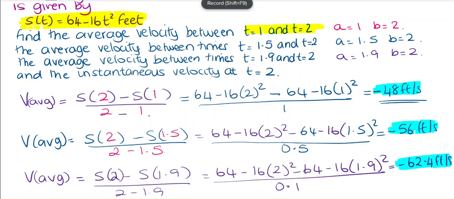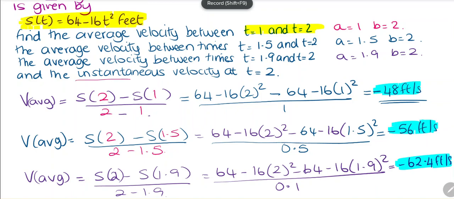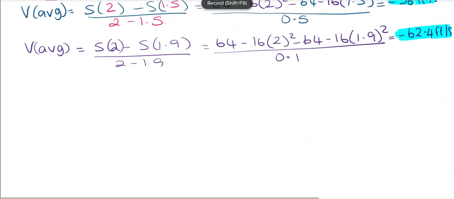So the last part of our question asks us to find the instantaneous velocity at t equal to 2. So let's have a look at this. This is going to be the velocity when time is 2. So we're going to use the limit as h is approaching 0.